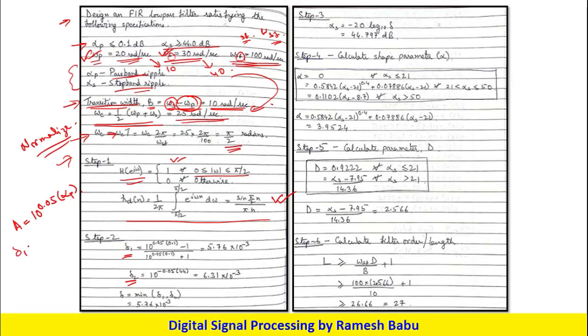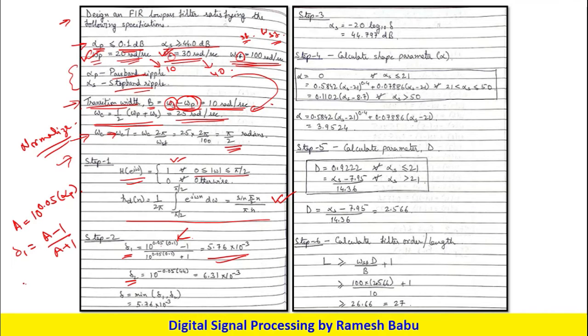Delta 1 is equal to a minus 1 divided by a plus 1. This is 10 to the power 0.05 multiplied by alpha p, which is 0.1 over here. So a minus 1 divided by a plus 1, we got a value.